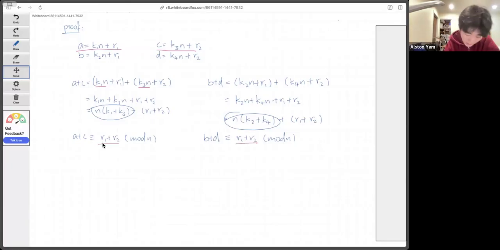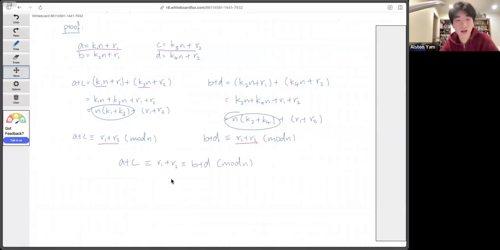That's pretty cool. We have just proved that A plus C will be congruent to R1 plus R2, and that will also be congruent to B plus D mod n.